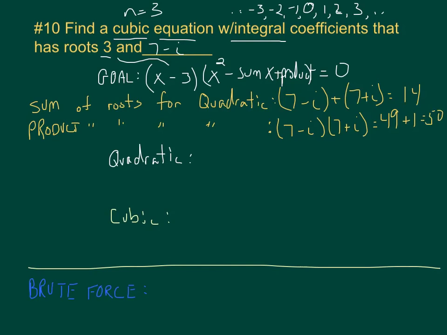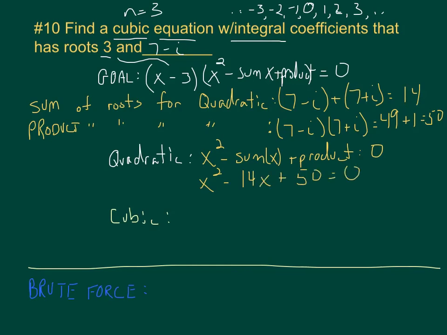Okay, so my quadratic, remember, it's x squared minus the sum times x plus the product. So it's x squared minus 14x plus 50. Now that's just my quadratic. I need to put it with my cubic. So bring back that linear factor that we buried up here at the top.